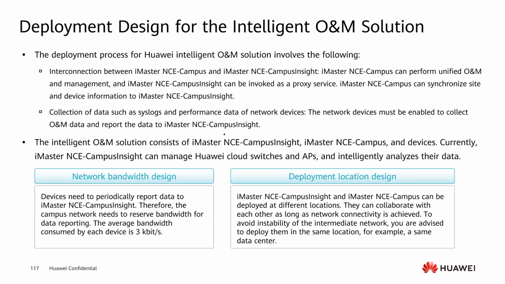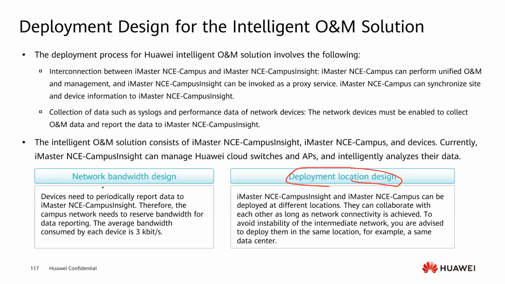And the design for intelligent operation and maintenance: you just need to consider the location of the Campus Insight and the controller. As usual, we will set them in the same location, because it is easy for them to connect with each other.